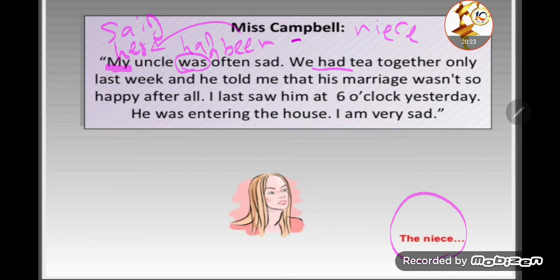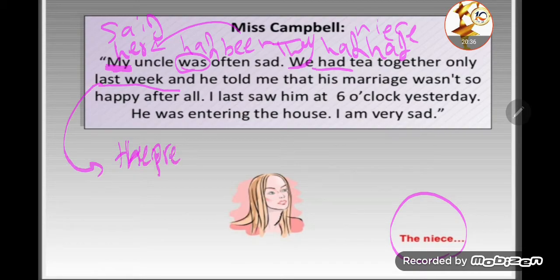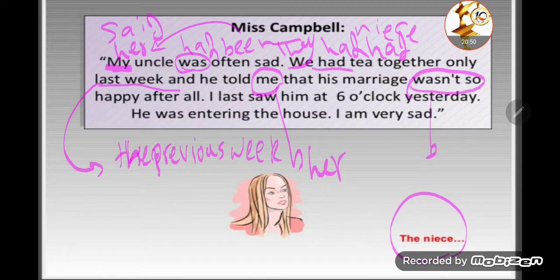We become they had tea together only last week becomes the previous week. Okay, and he told me becomes he told her that his marriage wasn't becomes hadn't been so happy after all.